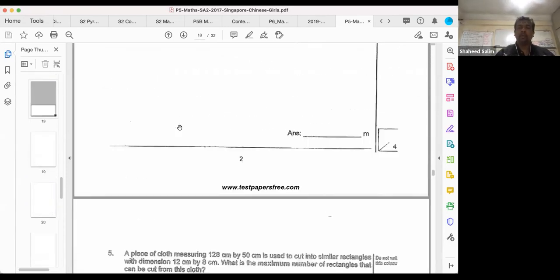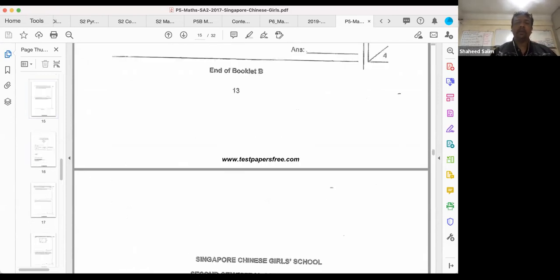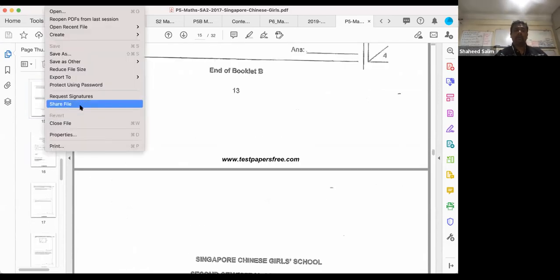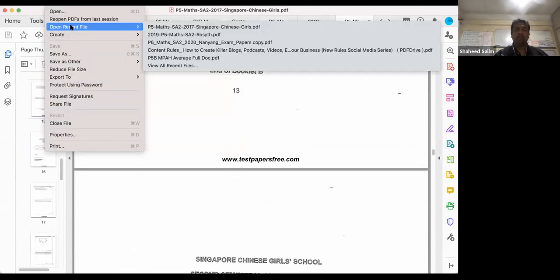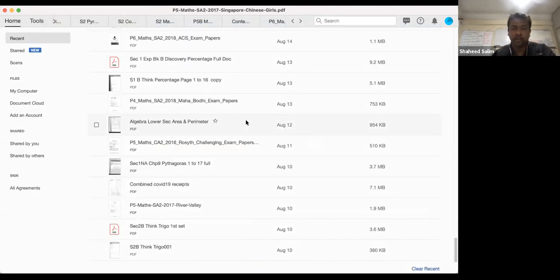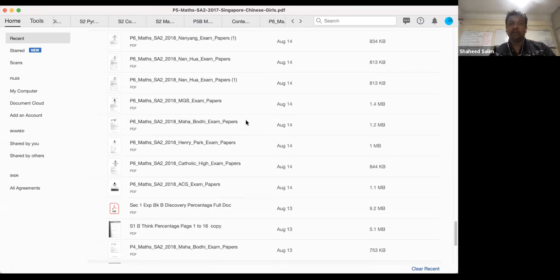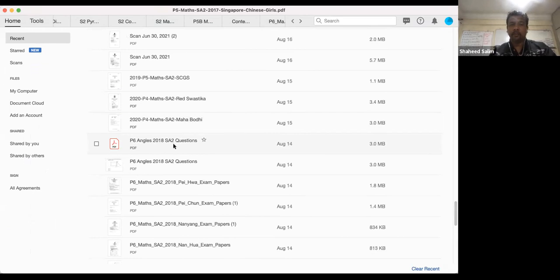Then in that case, can we do some angles? You all are okay with angles? I will give you some tough angles, can? Okay, angles, the difficult ones. Let me see now. Where is the P6 angle? This is from SA2. Alamak, where's my angle? Sekejap, P6 angle.